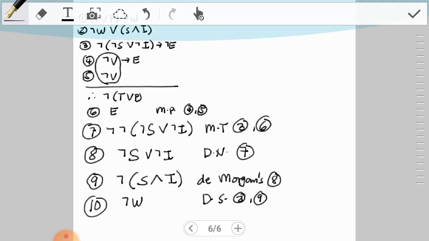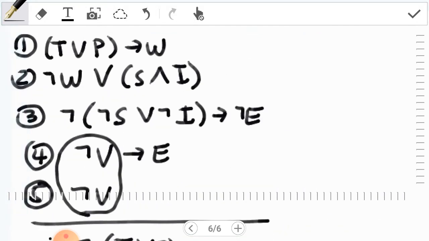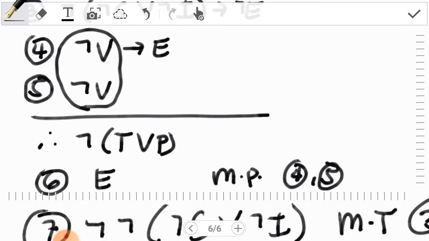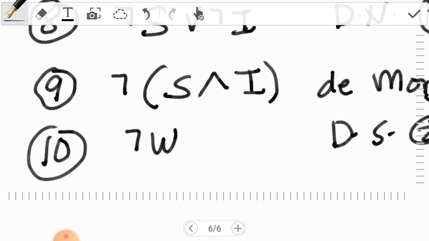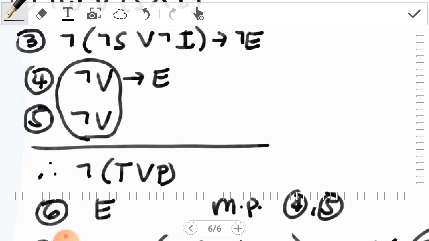Next, where can we use the not W? In line number 1, W is the second part of a conditional statement. And line number 10 is not W. So using modus tollens, because this is an implication and then we are given the negation of this.